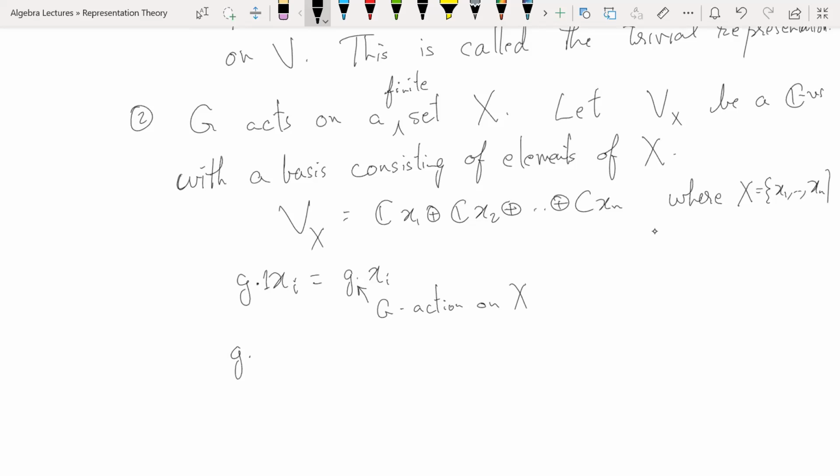More generally, g dot the summation of ai xi, i equals 1 to n, which is how a typical element of Vx looks, is the summation of ai g dot xi. Here g dot xi is going to be some xj.